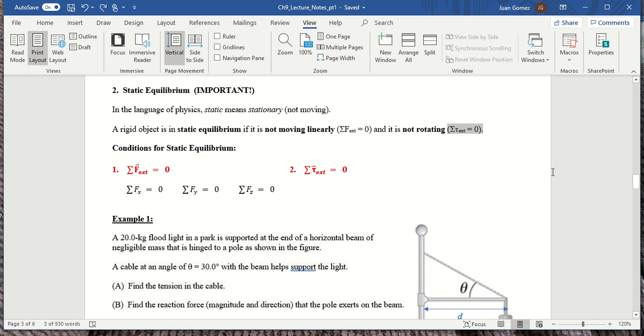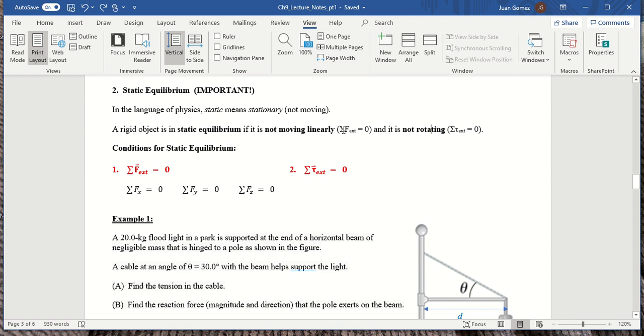Because remember, what is a torque? It's a force that produces a rotation. If the object is not rotating, there may be torques acting on the object, but they better add up to 0. Just like if an object's not moving linearly, there are forces acting on it, but all those forces add up to 0.